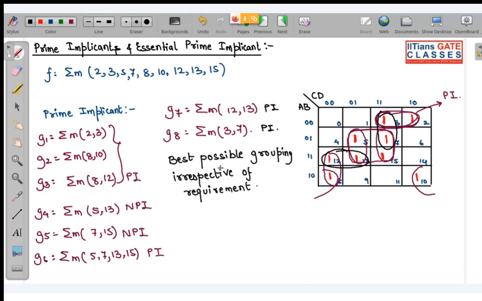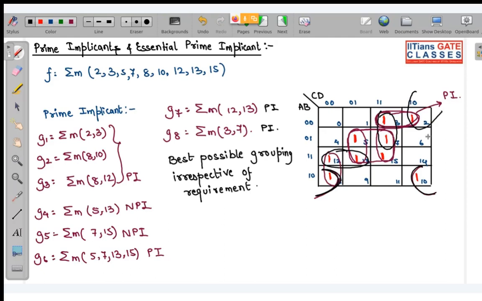Now you might even argue, sir, why can't we make one more group like this one? Yes, you can definitely make a group like this. You can definitely make a group like this also. It's up to you. Whichever way you want. Either you can make a group with this one, or you can make a group with this one. So this is also a prime implicant.